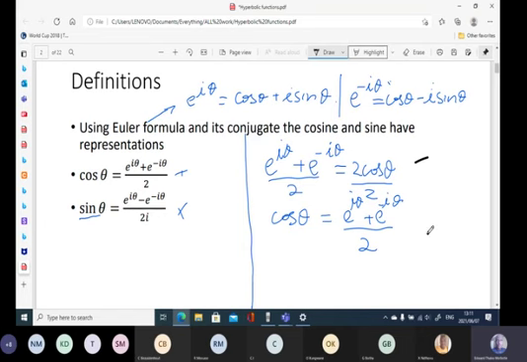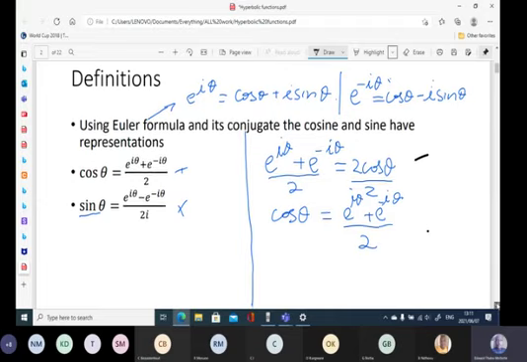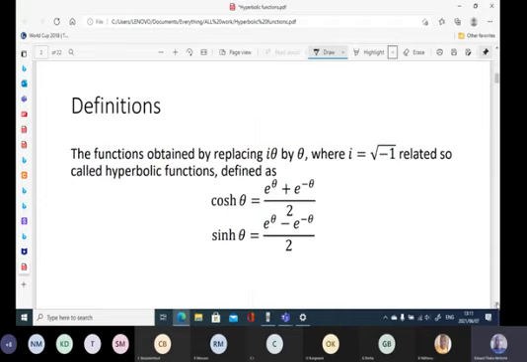let me just go straight there. On the next page we have the definition of a hyperbolic function.